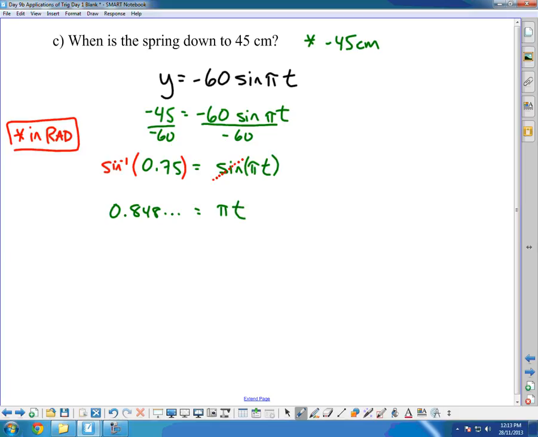And then of course divide both sides by pi to isolate for t. And we'll get 0.27 equals t. So we know then it is down to 45 centimeters below the equilibrium, or negative 45, at 0.27 seconds.